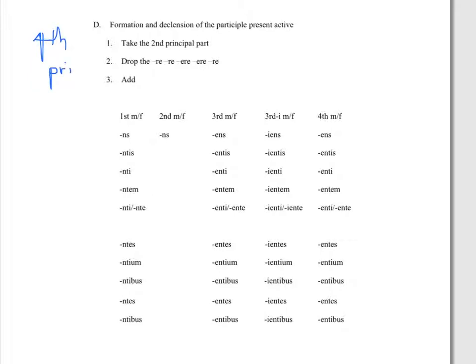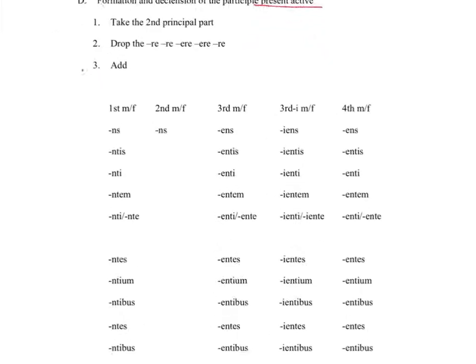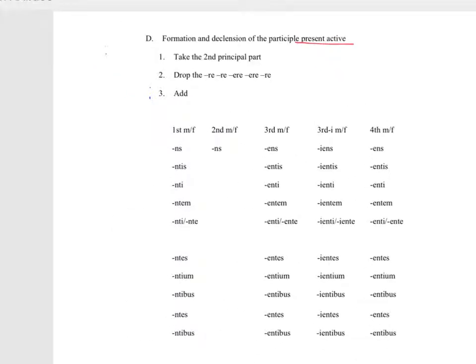That's the 4th principal part with no changes. So today in particular, you're going to learn how to do the formation and declension, because it's an adjective, of the participle present active. That's one of 4 possible tenses that the participle comes in.